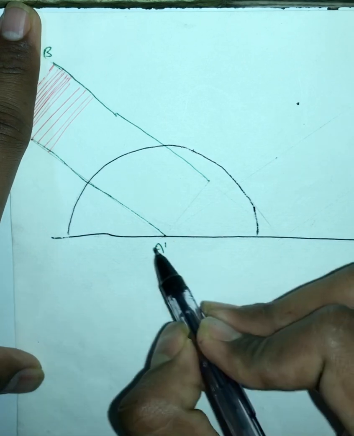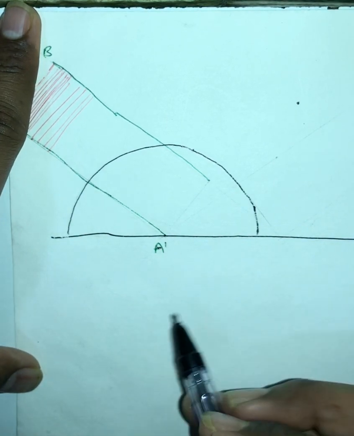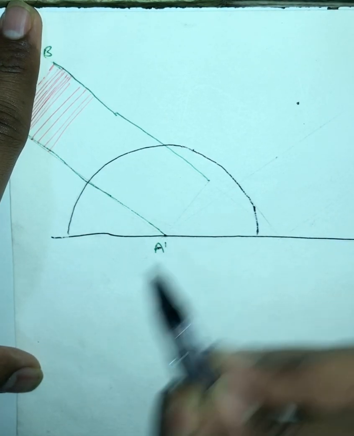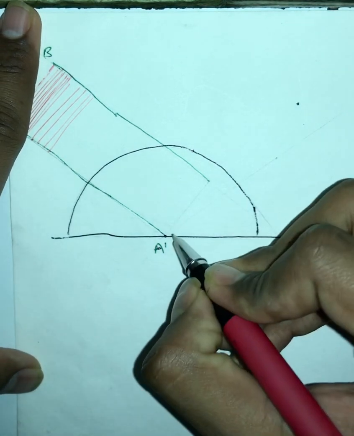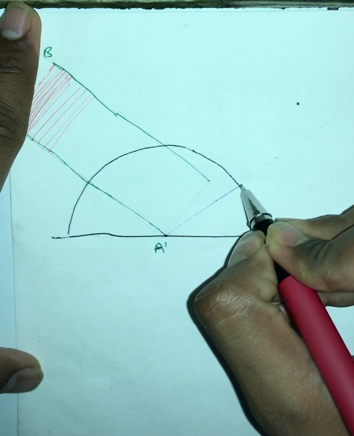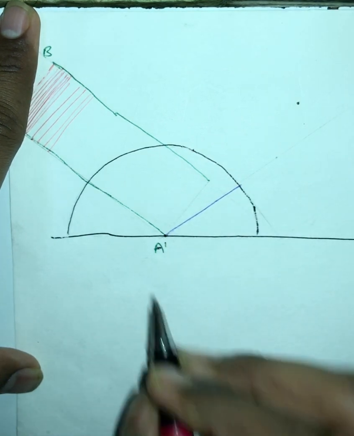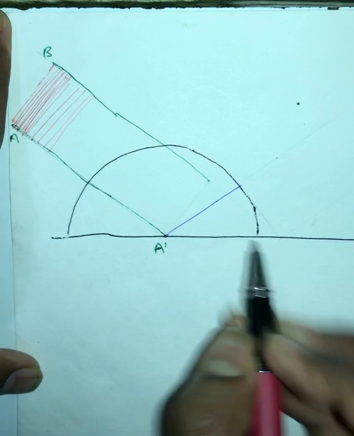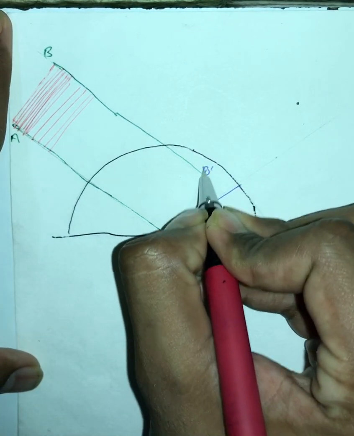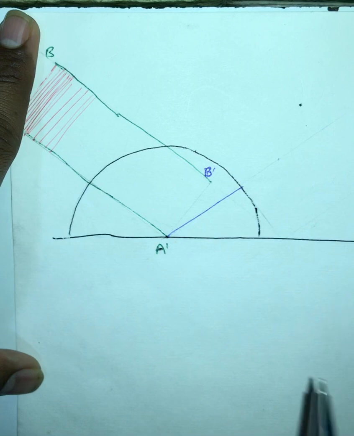Okay, and now after creating a circular wavefront, A dash will get reflected from this reflecting surface and will reach over here. So as A dash reaches over here, now B dash will reach the reflecting surface.